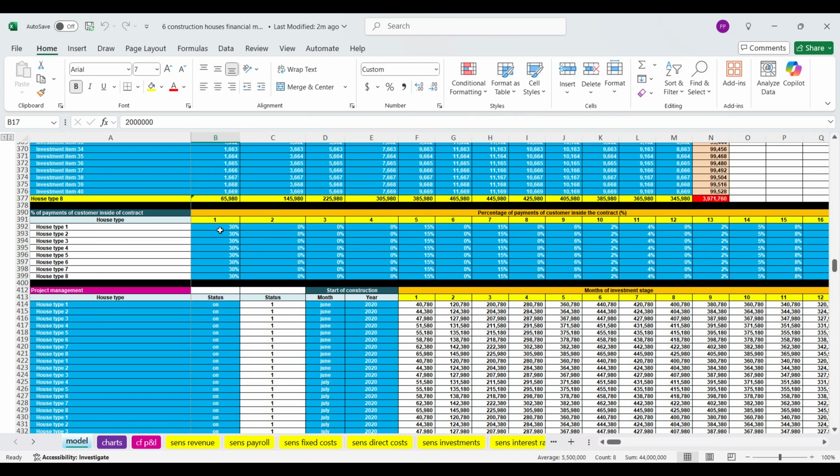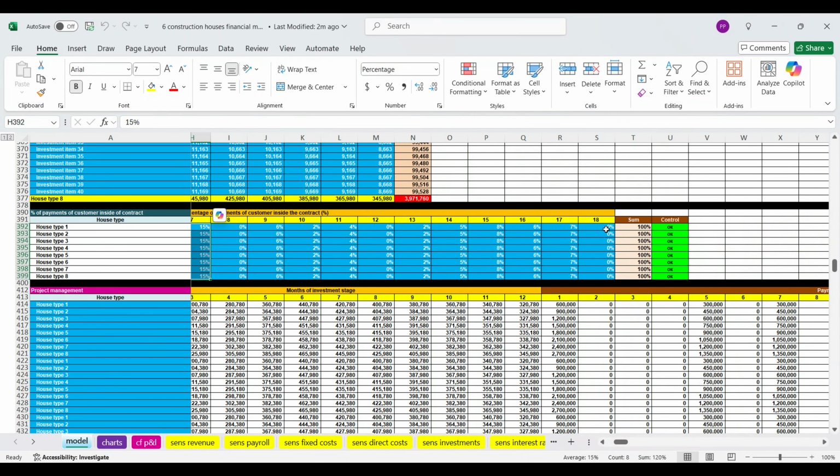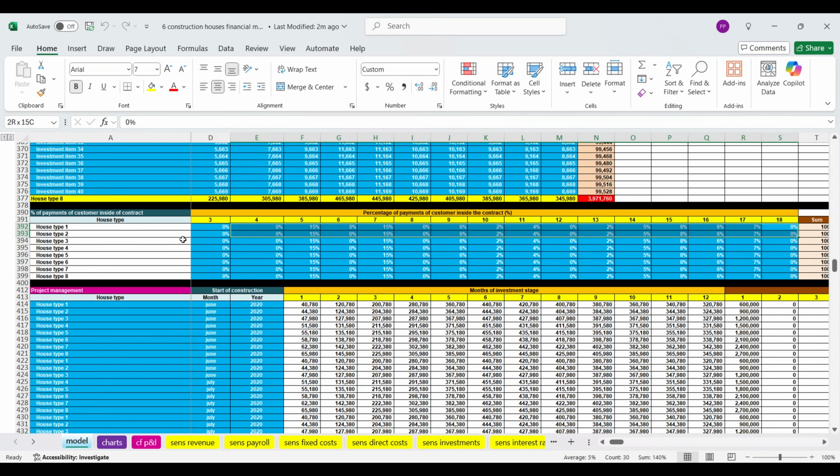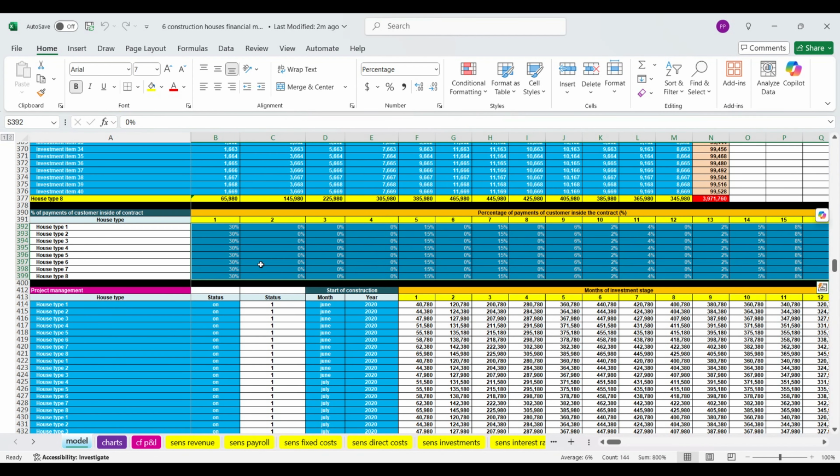So let's say the first payment is 30%, then on the 5th month of the construction works, the customer pays us 15%, then on the 7th month the customer pays us another 15%, and we have 18 months to allocate 100% of selling price. If we allocate more than 100%, we will get an error here. So we need to allocate 100% of selling price inside these 18 months.